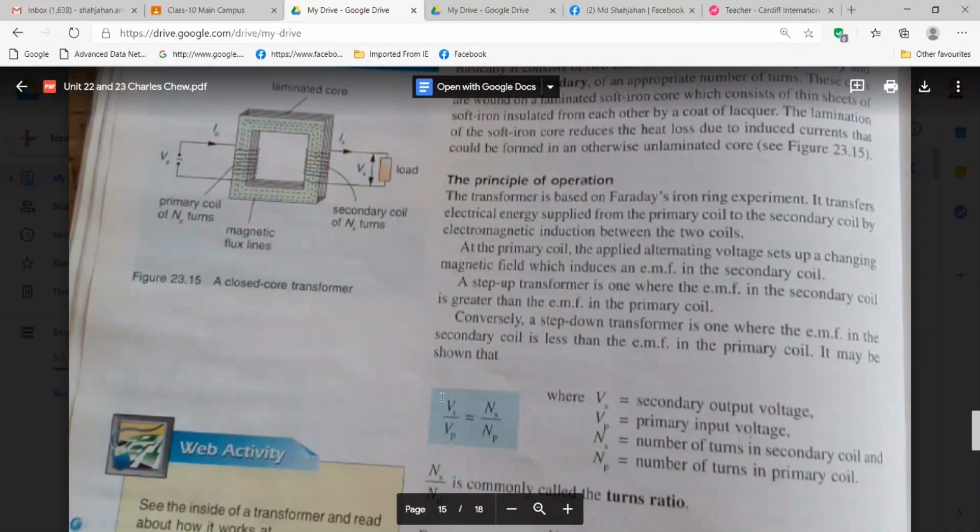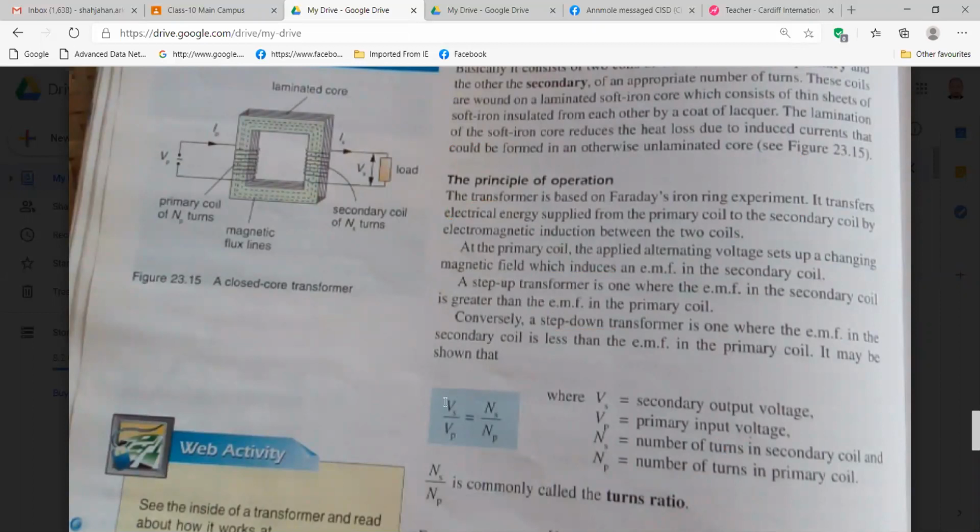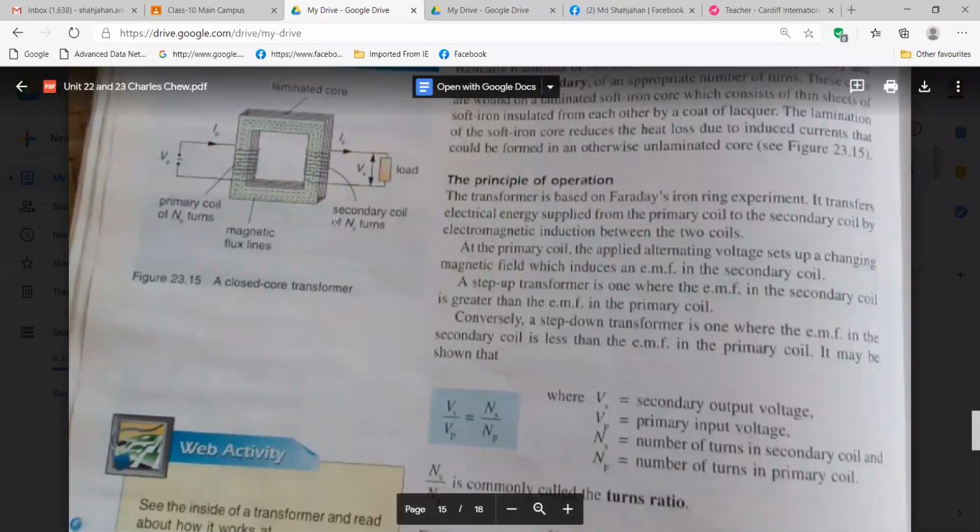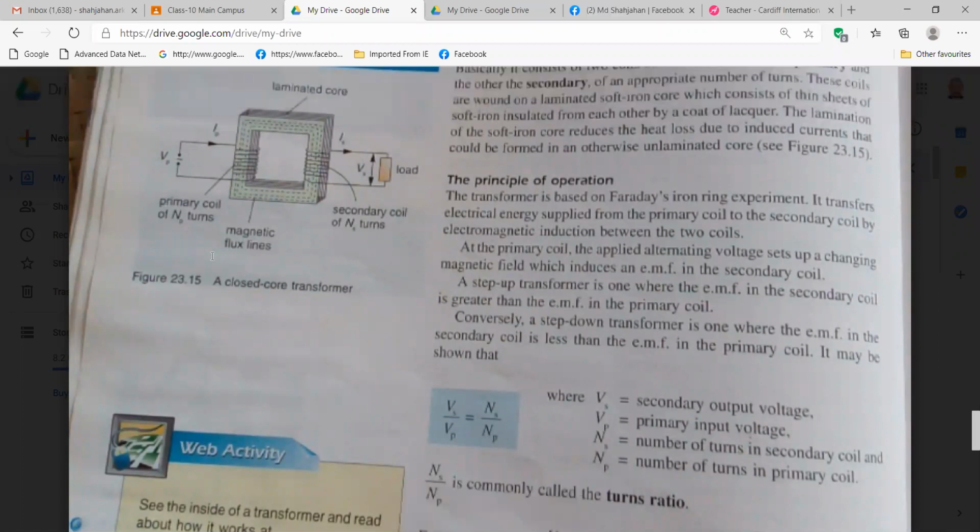This formula you write: VS by VP equals NS by NP. What is VS? Voltage in the secondary. What is VP? Voltage in the primary. NP, NS: number of turns of the primary and secondary coil. Sir, give me 2 minutes, I'm eating a bit. Okay, you do it. No problem.